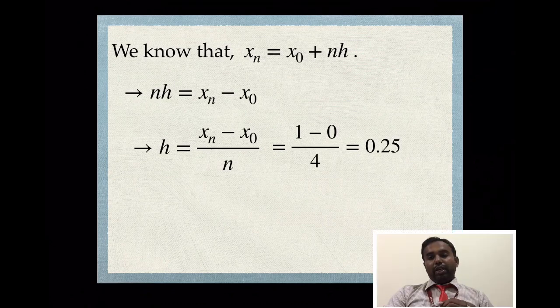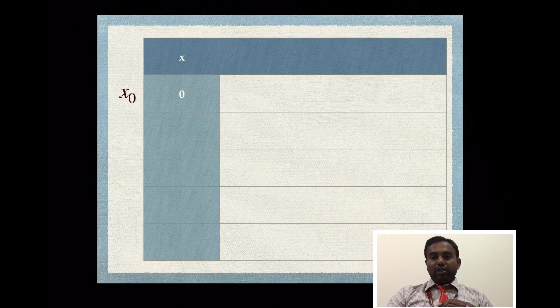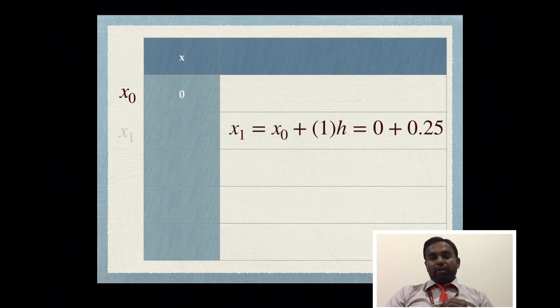So with all this data, as I told you, the first value, the lower limit of the integral, is 0. We will take that as x naught. Previously we saw the formula xn is equal to x naught plus n into h. Now I am substituting n is equal to 1.